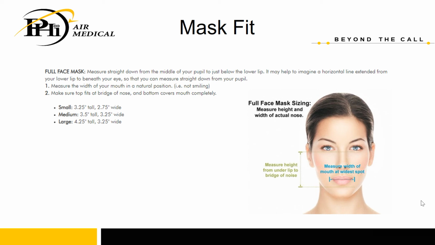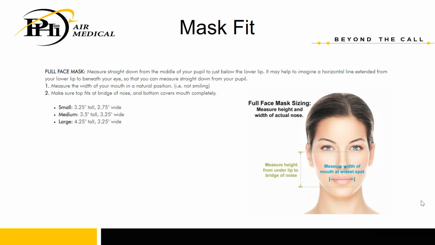If you look over at the left side of the screen, the sizing chart here, we see that the range for a medium is pretty huge, anywhere from about 3.3 up to about 4.2 inches. And that measurement is from the pupil line, which is on the bridge of the nose between your eyes, down to the bottom of your lower lip.